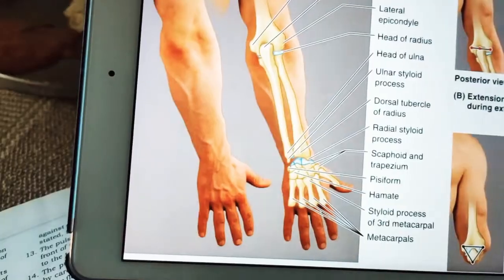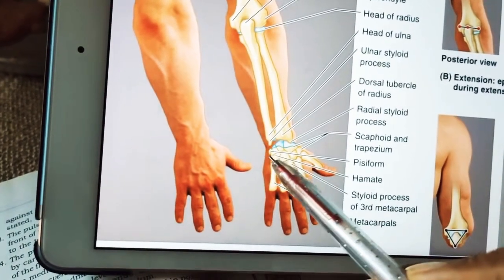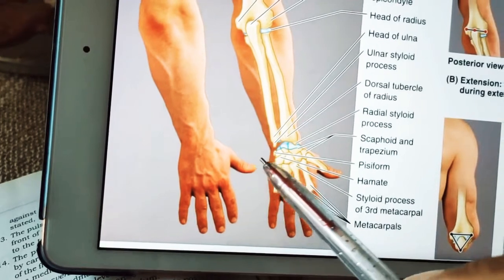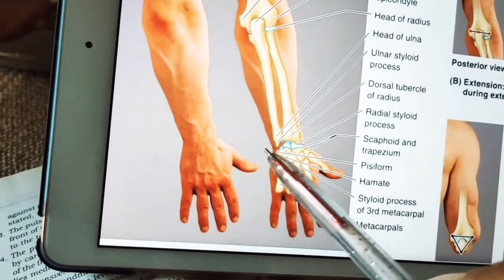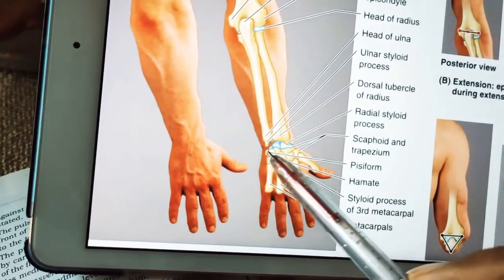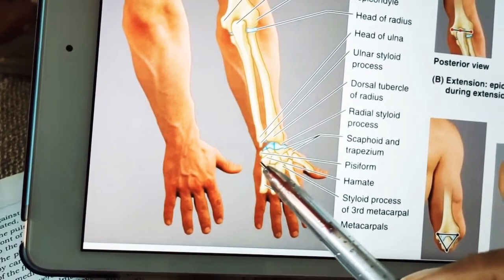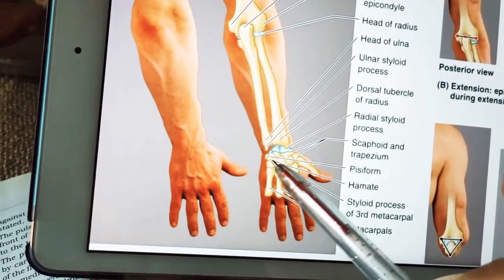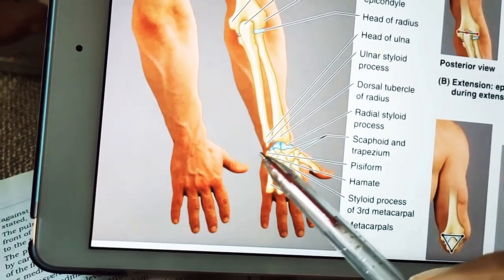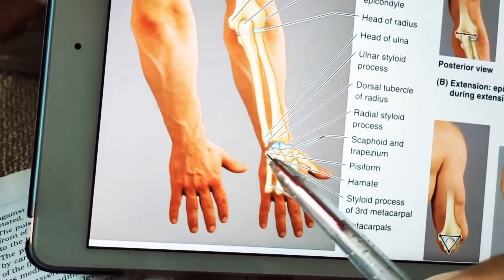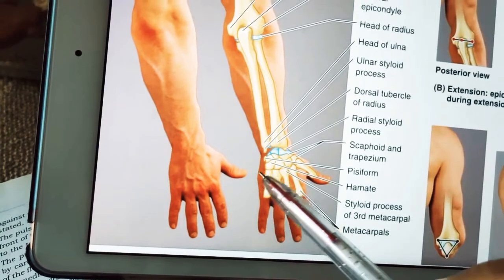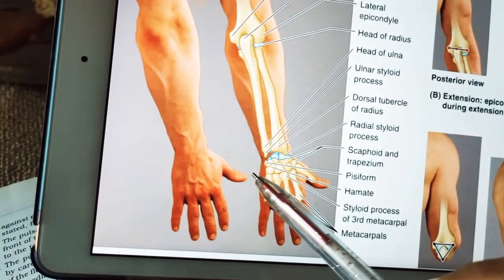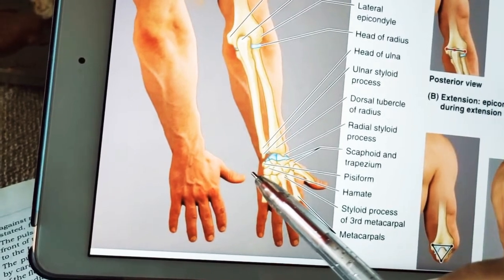Okay. And also here only where the pisiform bone is present, the flexor carpi ulnaris tendon also terminates here on the pisiform bone. Okay. Even the flexor carpi ulnaris terminates here and it becomes visible and easily palpable, especially at the medial end of distal transverse crease. So what is distal transverse crease? Everything again I will show on my hand. Okay.